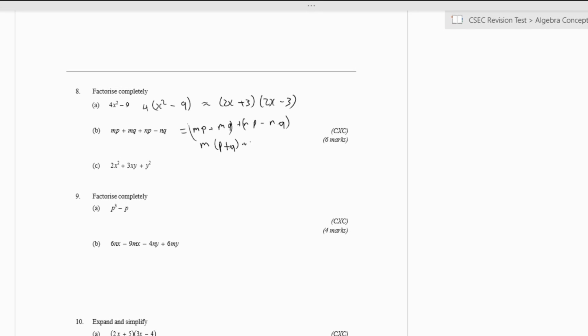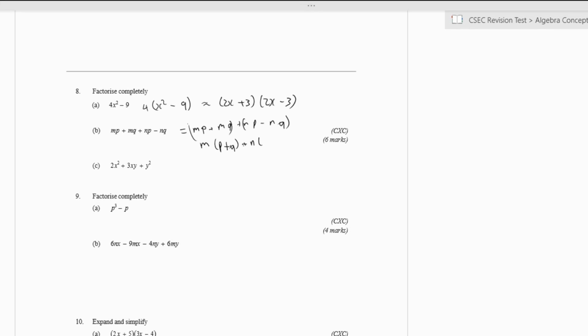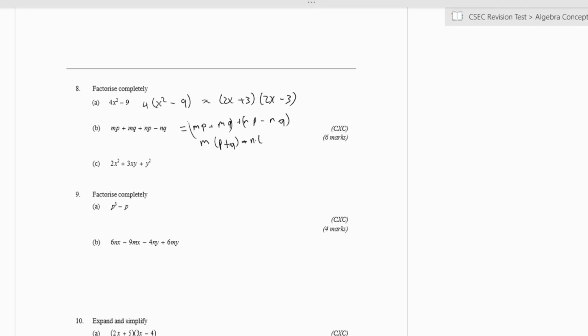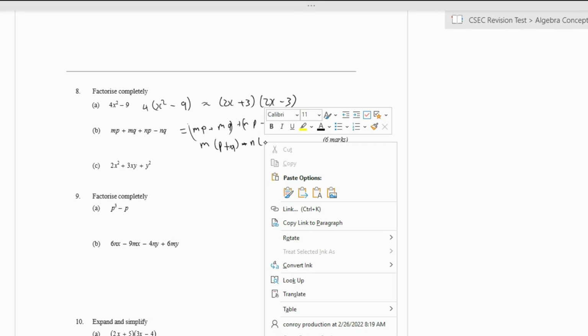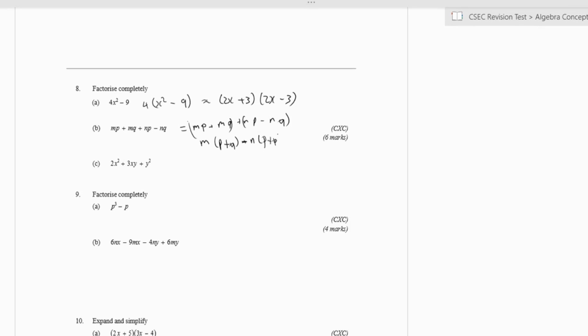On this side, we can factor out minus n, and this is p plus q.